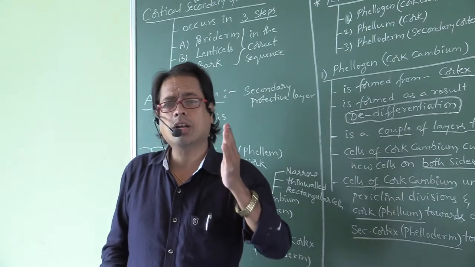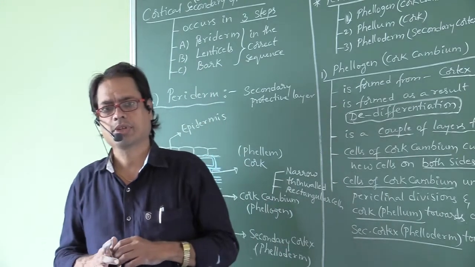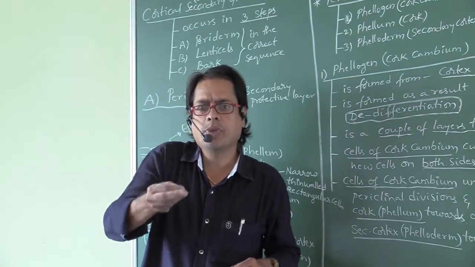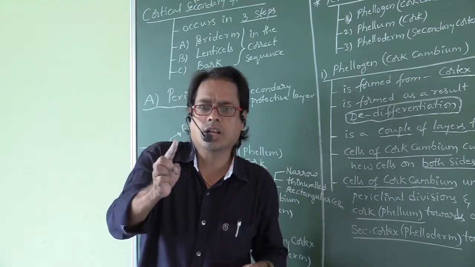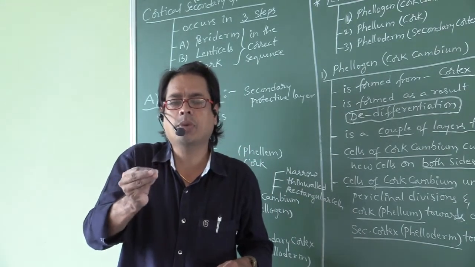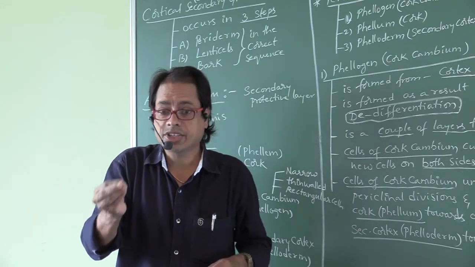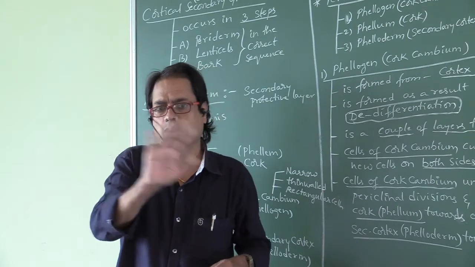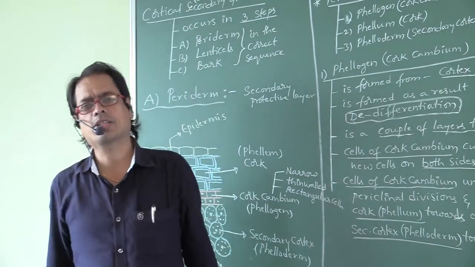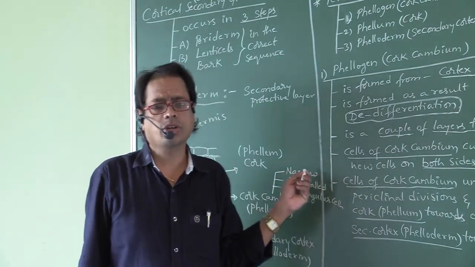Formation of cork cambium is extrastellar secondary growth. So formation of vascular cambium occurs during intrastellar, don't say extrastellar. Formation of cork cambium occurs during extrastellar secondary growth, don't say intrastellar. Do you understand, my dear students? I hope you understood this matter.